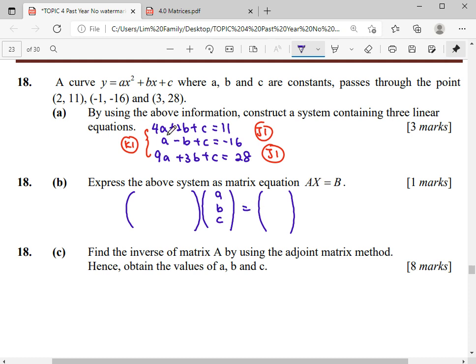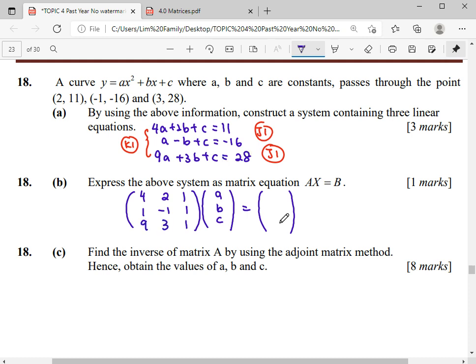A is the matrix of coefficients, which is 4, 2, 1, times your unknowns, and we get 11. The second equation is 1, negative 1, 1. And then the third equation here is 9, 3, 1.